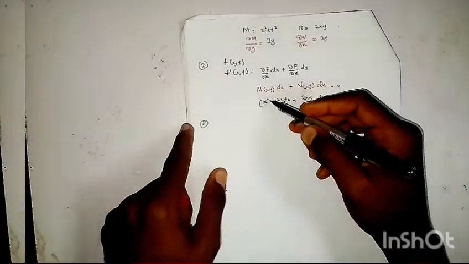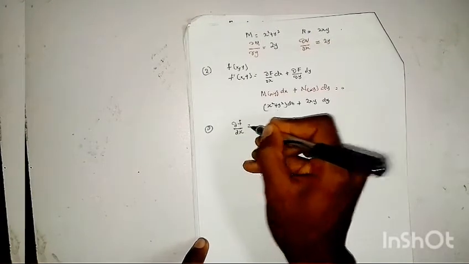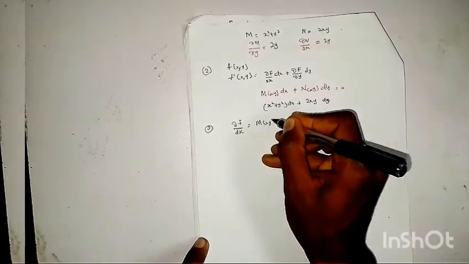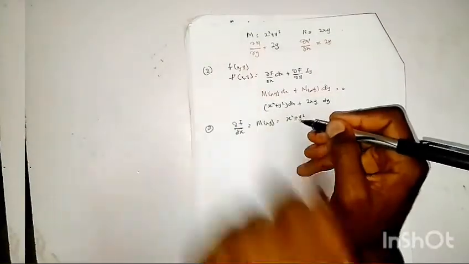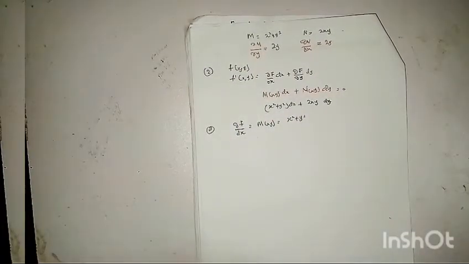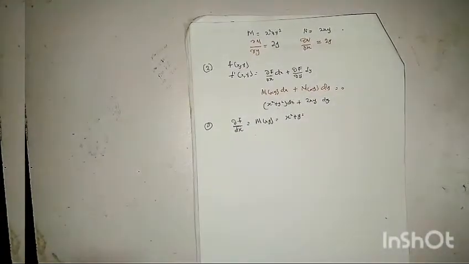So taking M and equating it, df/dx is equal to M(x,y), which is equal to x squared plus y squared. Now remember, I'm trying to get my function. So let me integrate this particular equation to get my function.